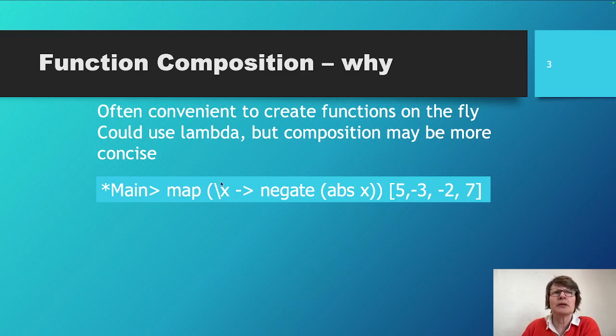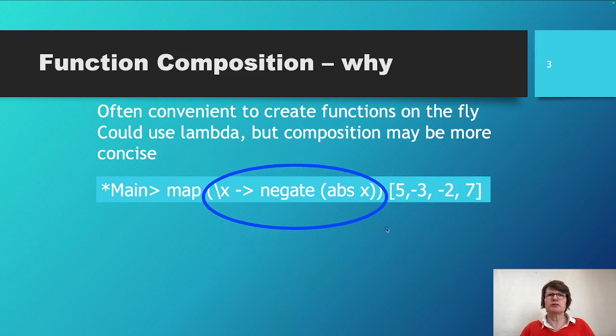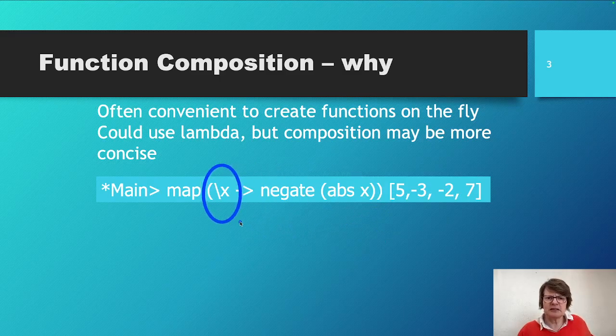We're saying map this function. Now if we look at the way this is, remember what map does? It takes a function and it takes a list. So this is the function, and this function is expecting a list.